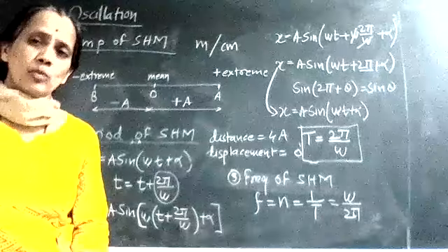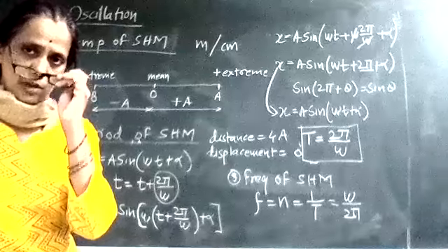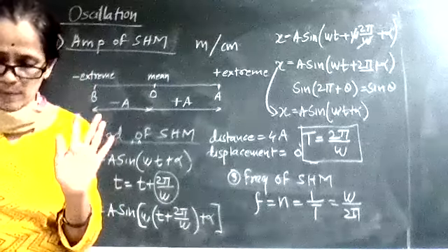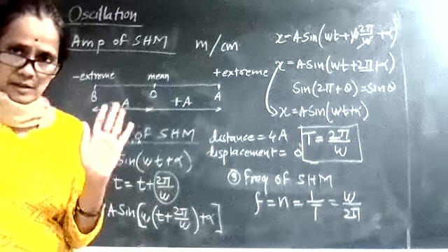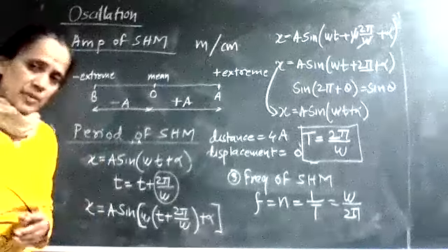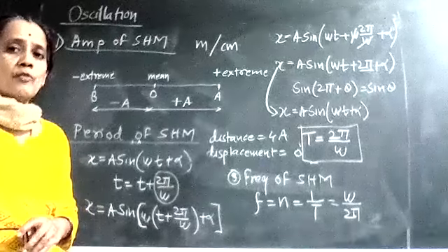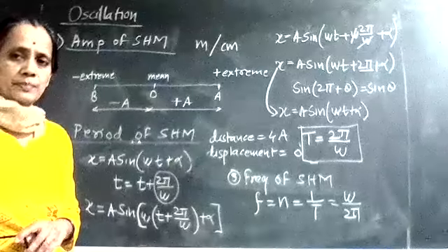Explain any two terms, amplitude of SHM and period, for 2 marks. So you have to remember the definitions. First is amplitude. Amplitude is the maximum displacement of the particle from its mean position.